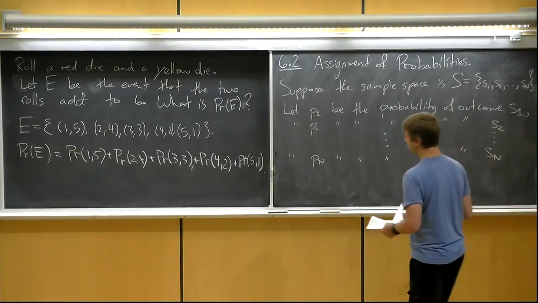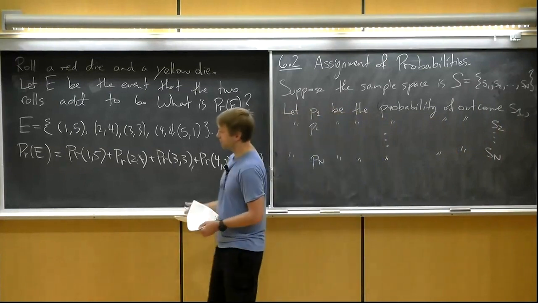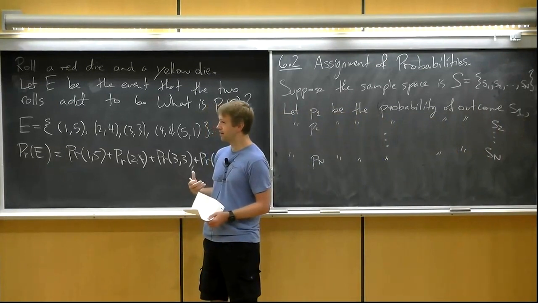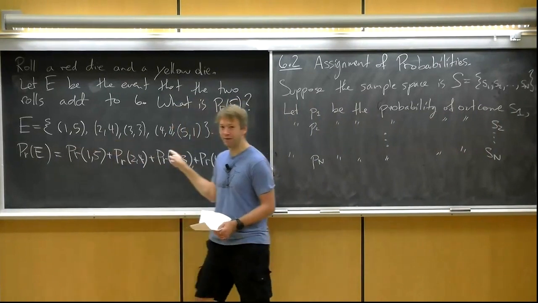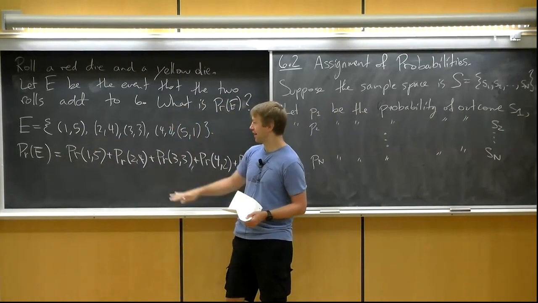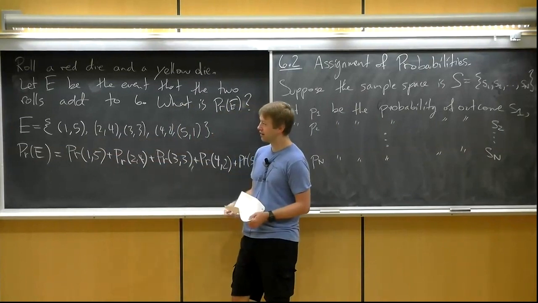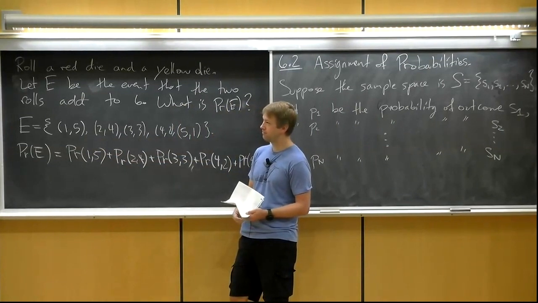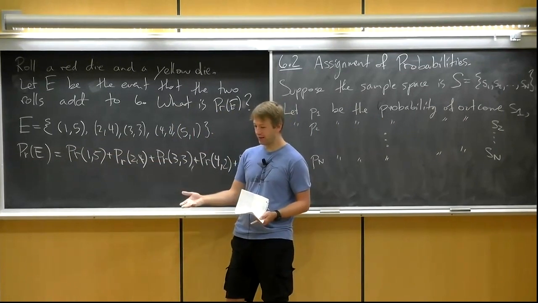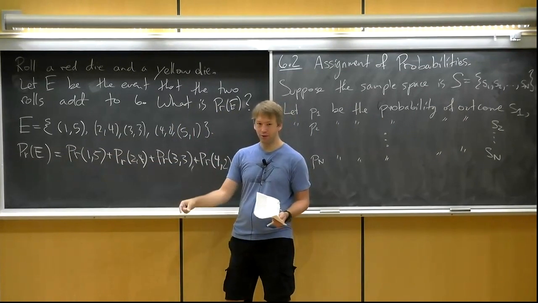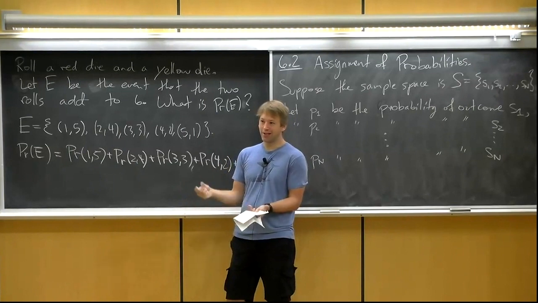Well, yeah, I kind of see what you mean, that I've got a 1, 5 and a 5, 1, and this is kind of different. But if you roll a 3 and a 3, let's say I roll a red 3 and a yellow 3, that's the same as rolling a yellow 3 and a red 3.